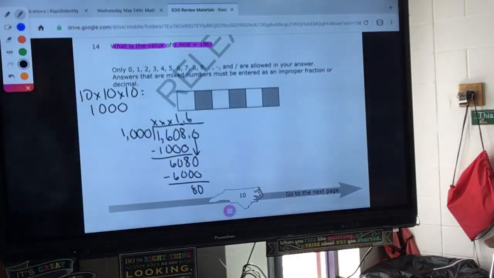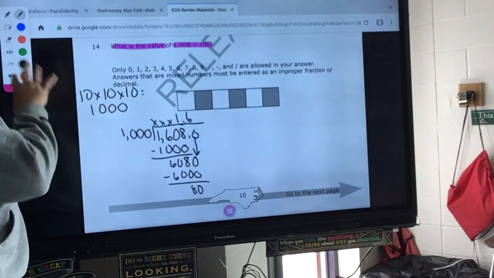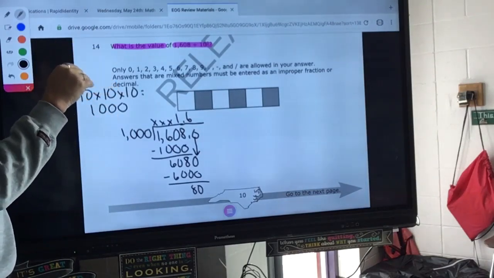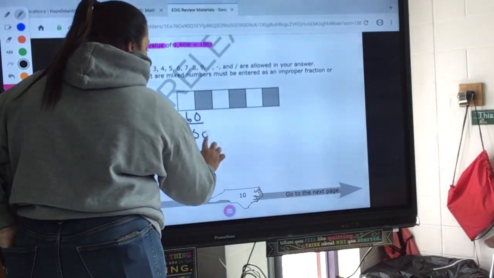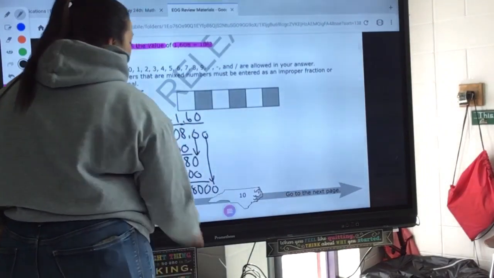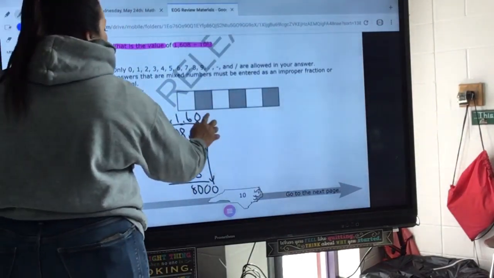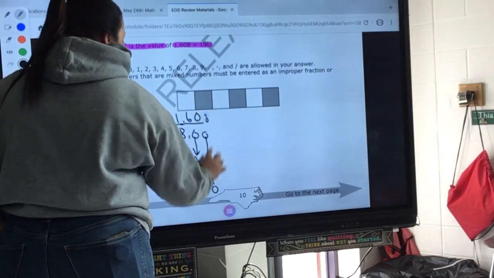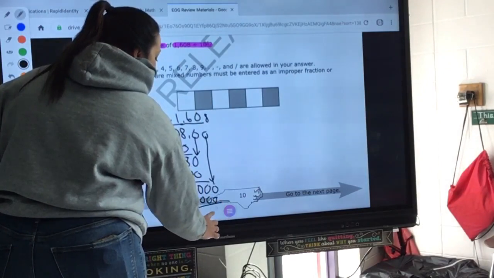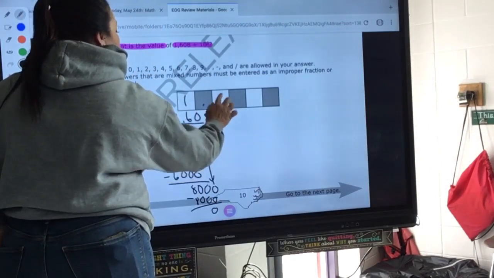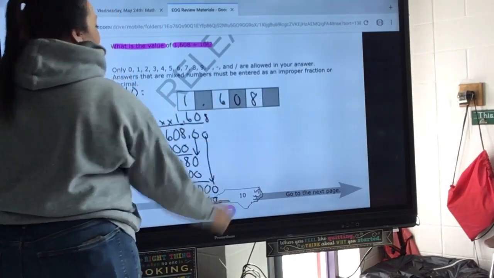What can I multiply 1,000 by to get 80? Nothing. So do I just leave it blank or do I have to put a placeholder there? You have to put a placeholder there. Alright, so then, what can I multiply 1,000 by to get 8,000? 8. So my answer for this one is 1.608.